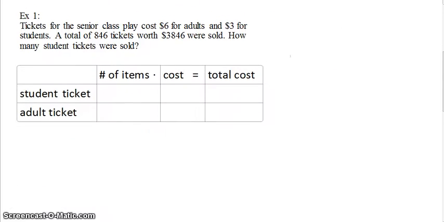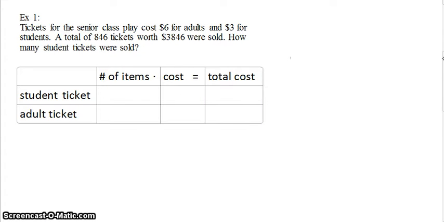Now, example 1, I already have the chart up there for you. It says tickets for the senior class play cost $6 for adults and $3 for students. A total of 846 tickets worth $3,846 were sold. How many student tickets were sold?